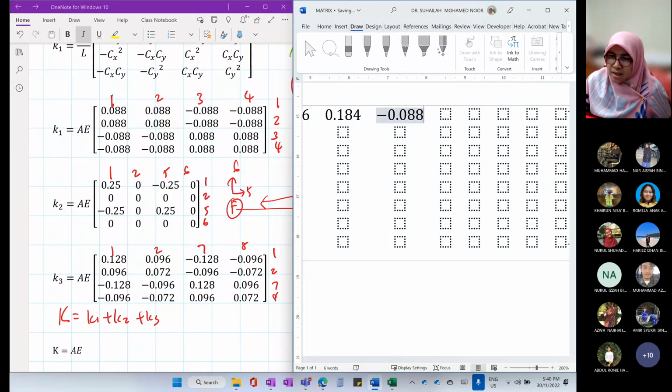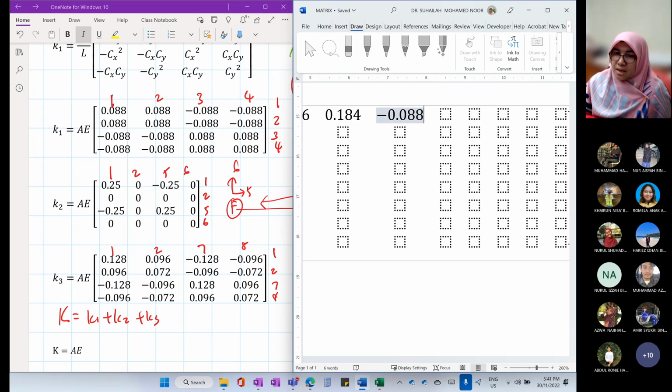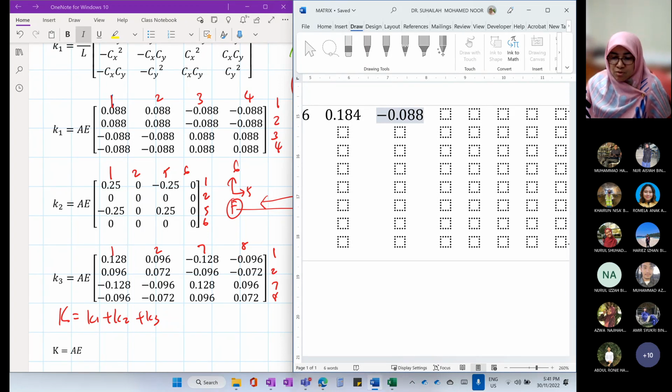Okay, do you find 1,3 in K2 and K3? No, there isn't, so we just take the one that exists. So we get the 1,3 value from K1 only.